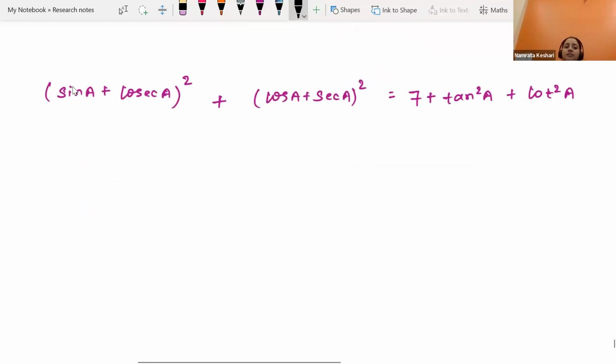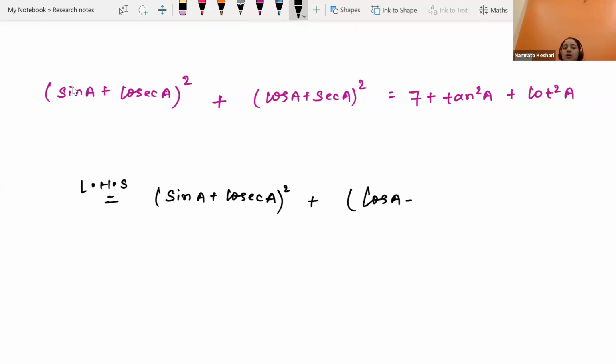If we take the left hand side, that is sin A plus cosec A whole square, just by looking at it two things must come to your mind.